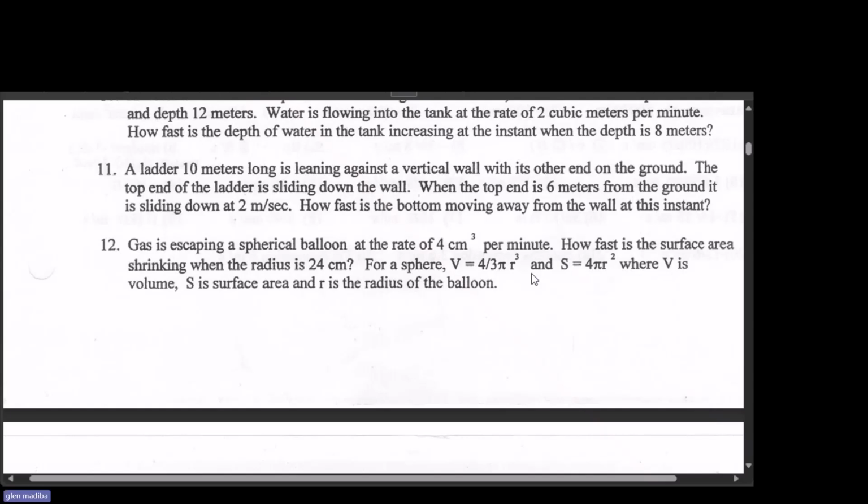You see this formula for S, which is equal to 4 pi r squared. Now we have to differentiate this formula with respect to time. So now we will have dS over dt equal to 4 pi 2r times dr over dt. Do we agree? Yeah.